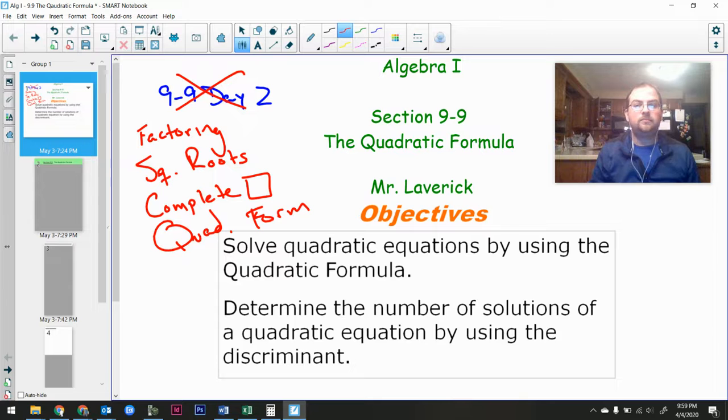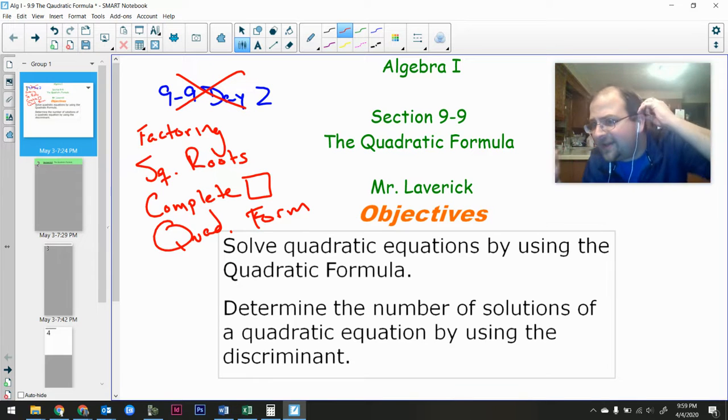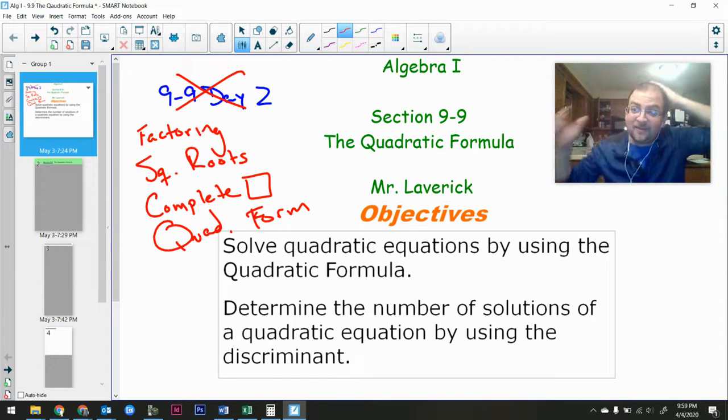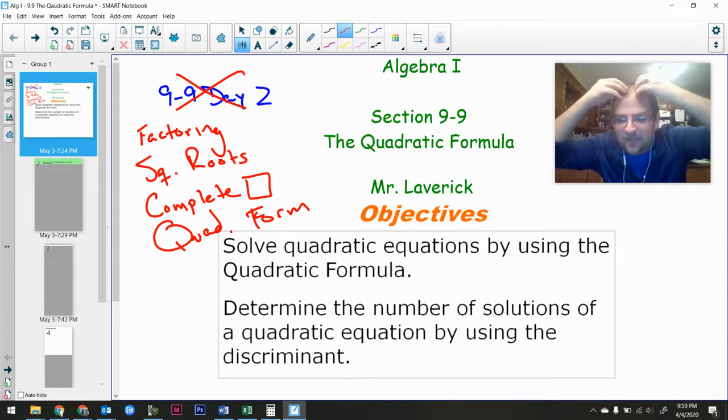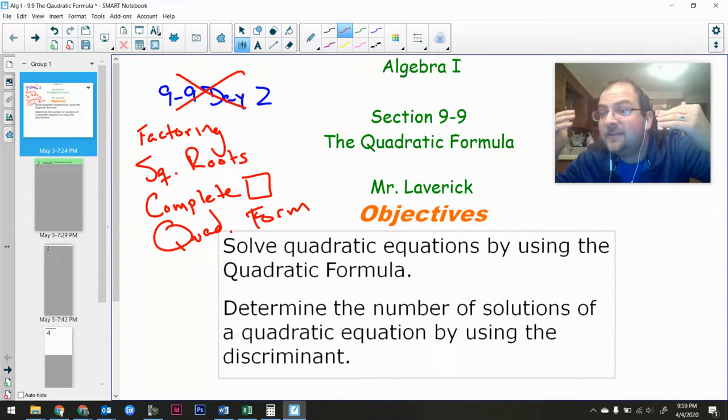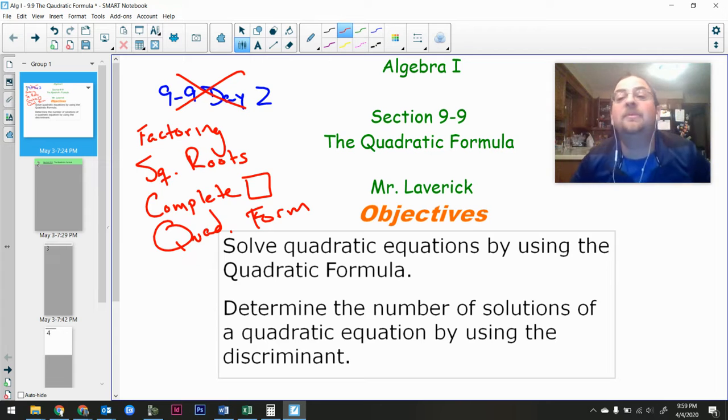Look at my hair. I need a haircut, people. I'm going to try to convince my wife to buzz my head. I don't know, though. This up top is pretty thin. If I buzz my head, it might not come back. It could be a completely different person when you see me in the fall. Who knows?